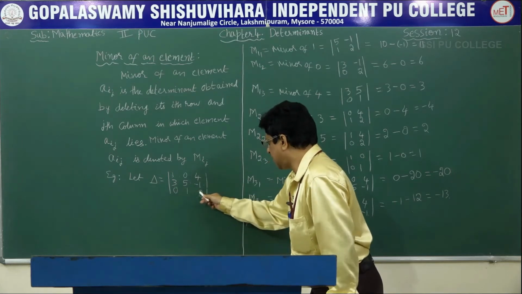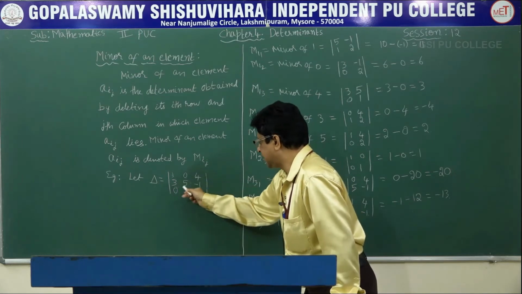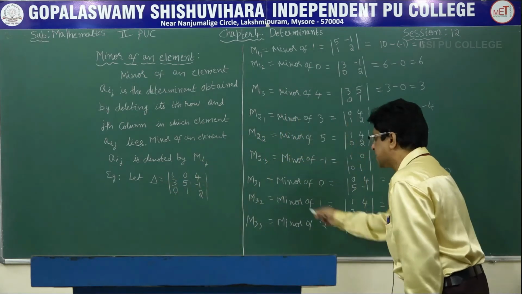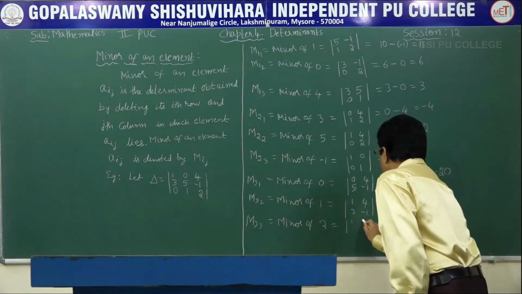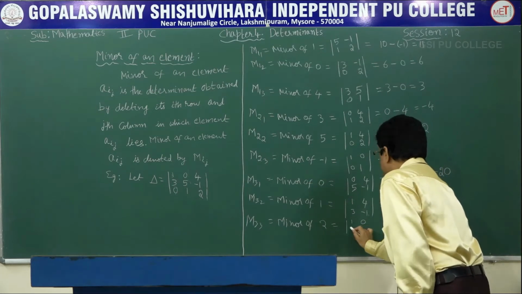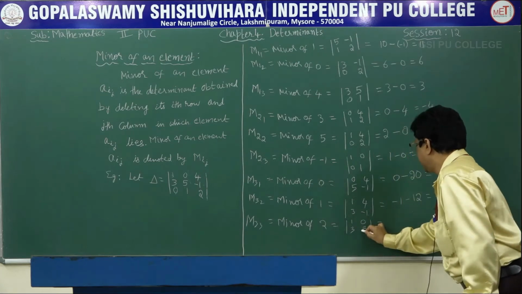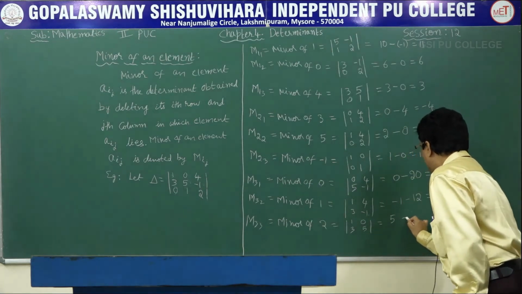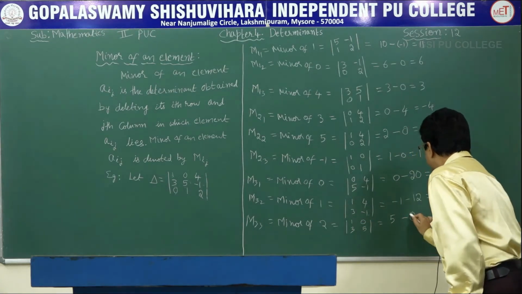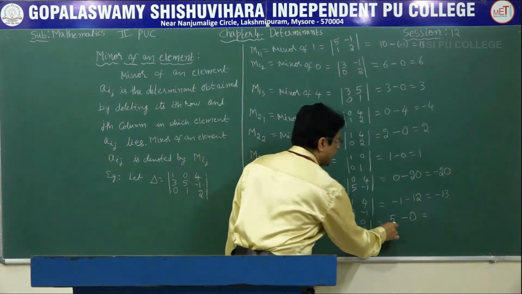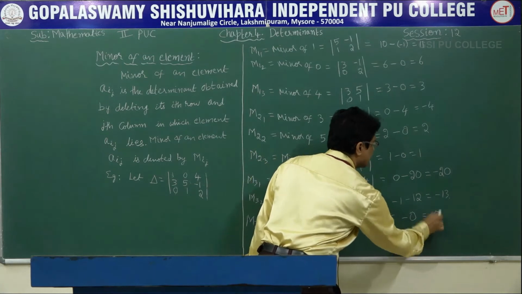We eliminate the third row and third column and take the determinant of the remaining elements. That is determinant of 1, 0, 3, 5, which is equal to 1 into 5, 5 minus 3 into 0, 0, which is equal to 5 minus 0 equals 5.